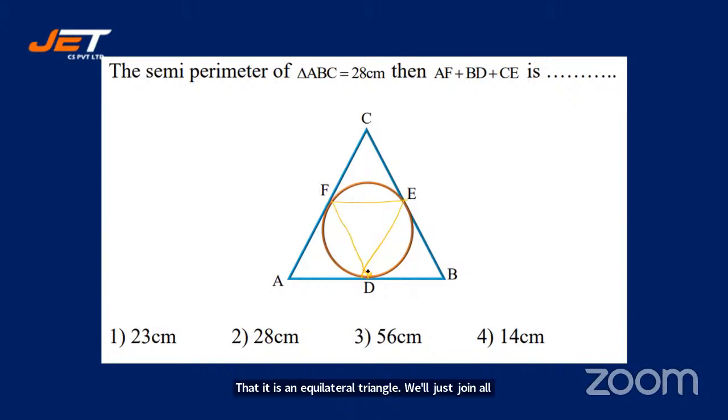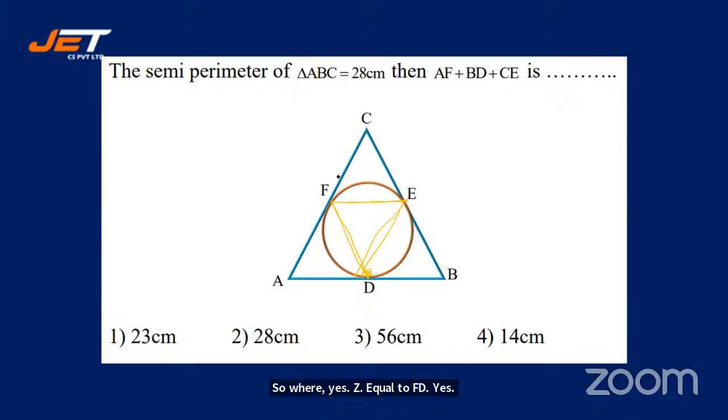So this is supposed to be EF, DEF is supposed to be the equilateral triangle, where EF is equal to ED equal to FD.